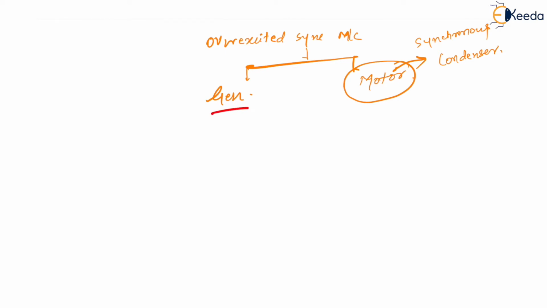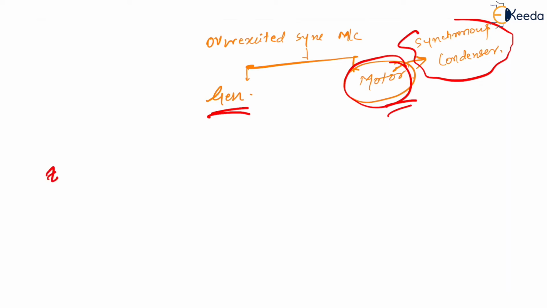Because when the generator can also supply reactive power, and the motor can also supply reactive power, still we are using the motor only as a synchronous condenser. Why? It is a very simple reason. Whether it is a generator or a motor, whenever we use them at ZPF lead or at ZPF lag, we know that there is no torque.